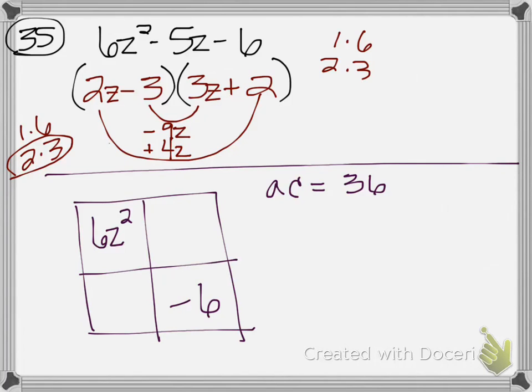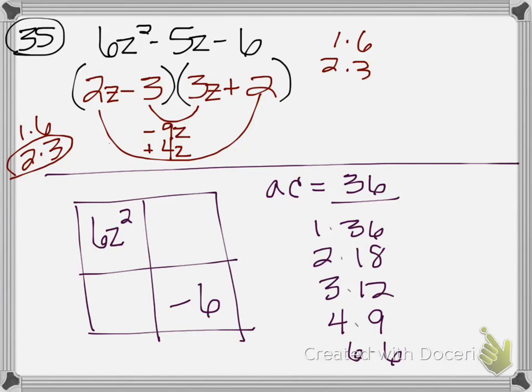6 times 6 is 36. And then I think of factors of 36, which there's several. I've got 1 times 36. I've got 2 times 18, 3 times 12, 4 times 9, and 6 times 6. And we're looking for factor pairs of 36 that add to be negative 5.